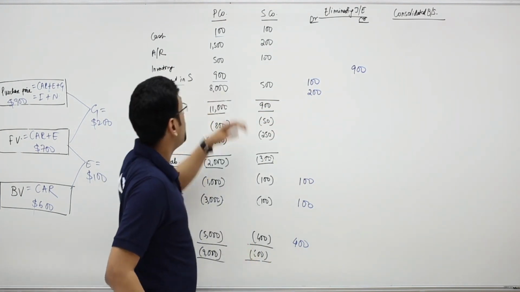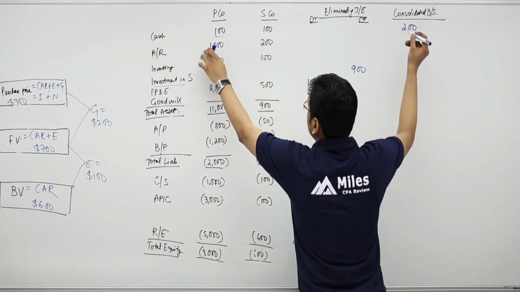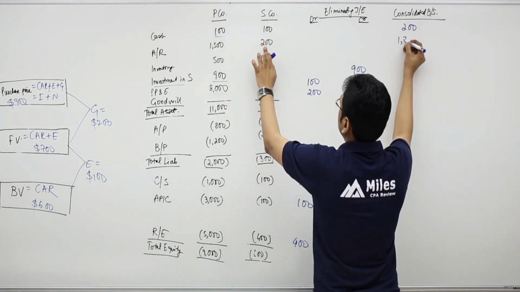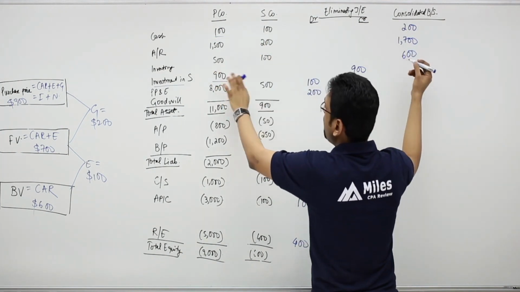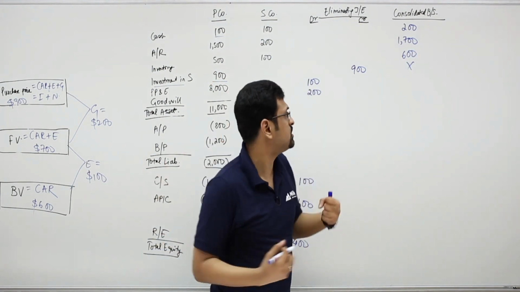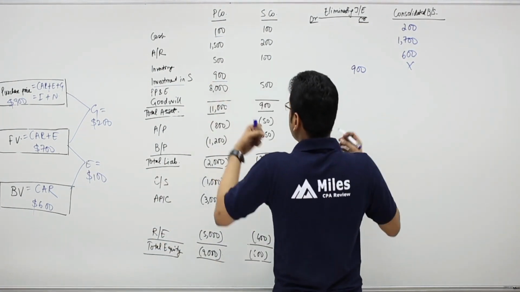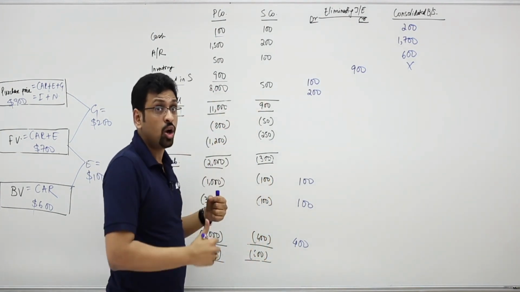Now, simple sum. Once again, my cash, your cash, our cash. My receivables, your receivables, our receivables. My inventory, your inventory, our inventory. My investment in you? No, we won't have it on the consolidated financials. PP&E, my PP&E, your PP&E. But my PP&E is at historical cost, book value.